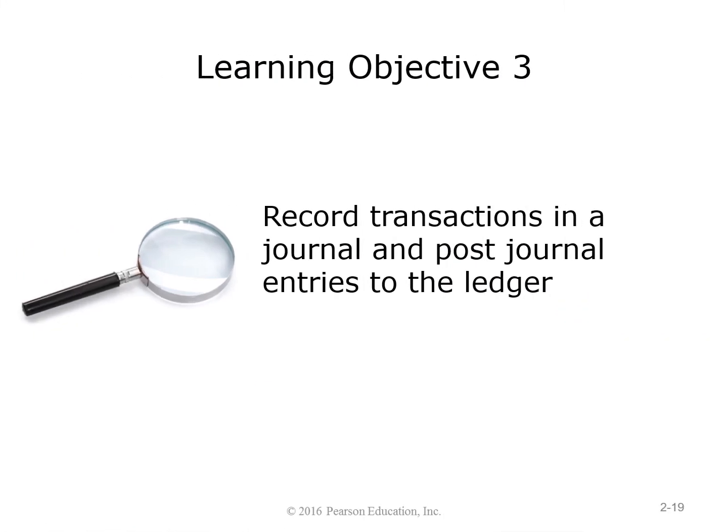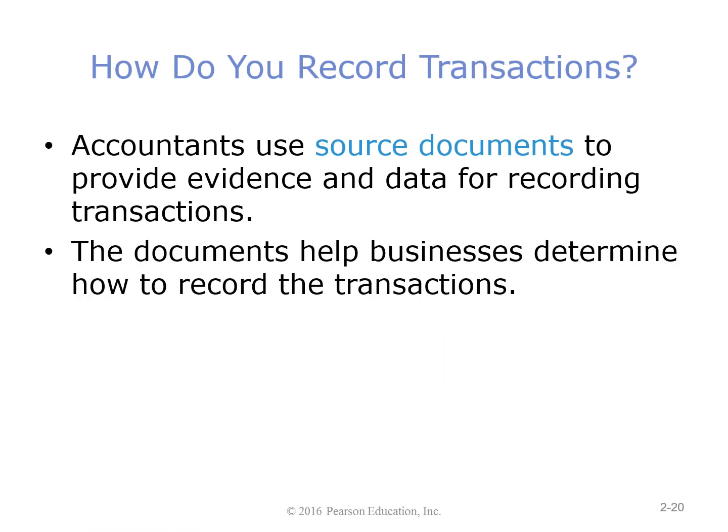Learning objective number 3, to record the transaction in a journal and post it. Accountants use source documents. In order to record the transaction, we have to have an evidence and data for recording the invoice, receipt, contract, whatever documents that will help business determine how to record.